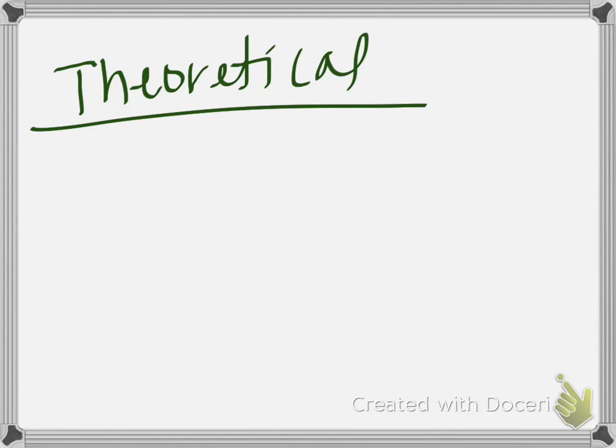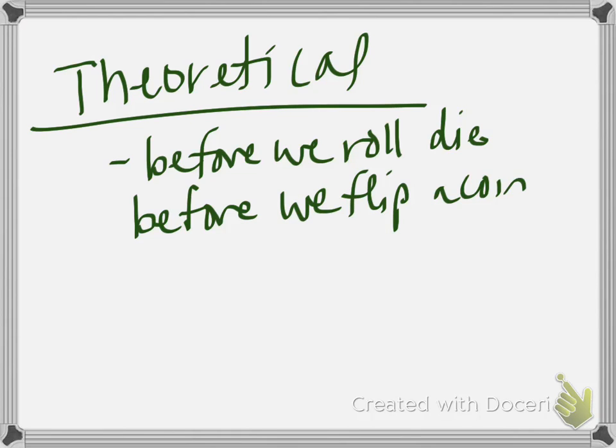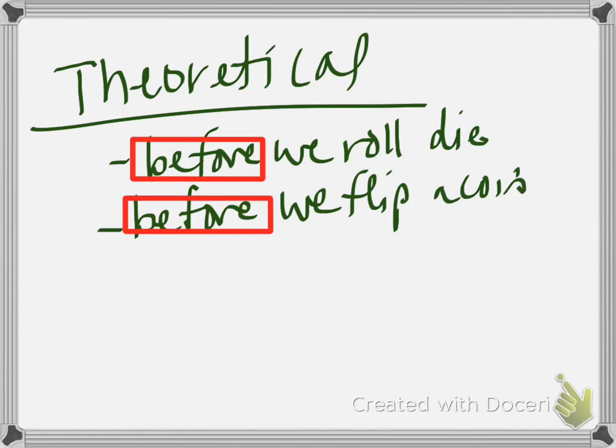This is a very difficult thing to understand, and I suggest you watch this video again if this still is unclear. Just to remember, theoretical. Okay? Theoretical probability. We haven't done anything yet. This is before we roll a die. This is before we flip a coin. Okay? It's important here. Before.